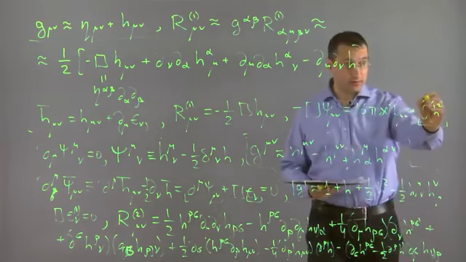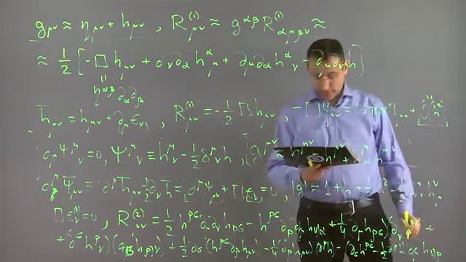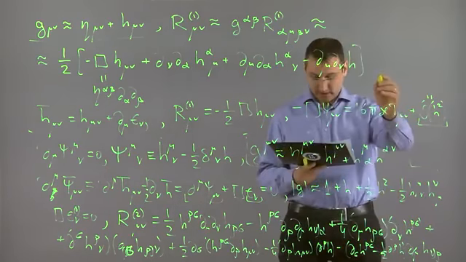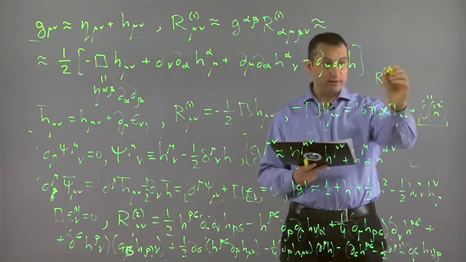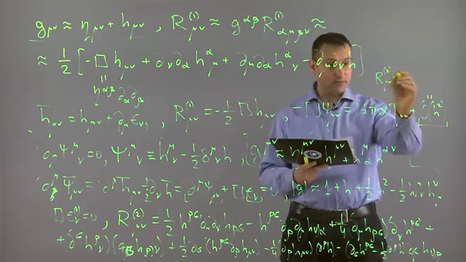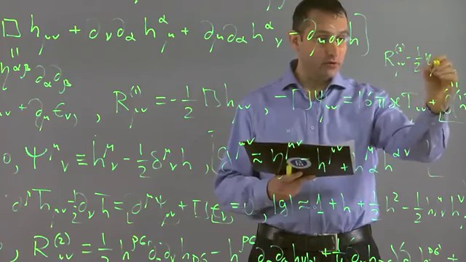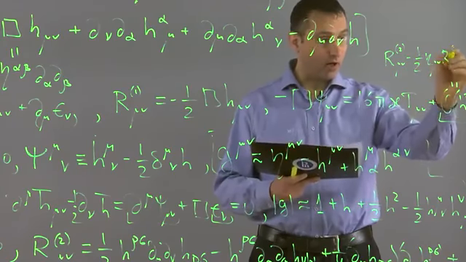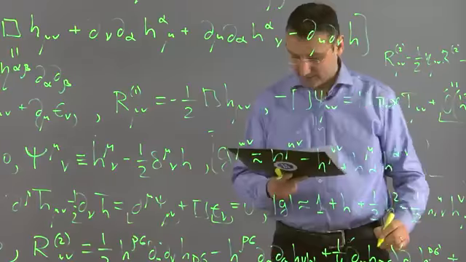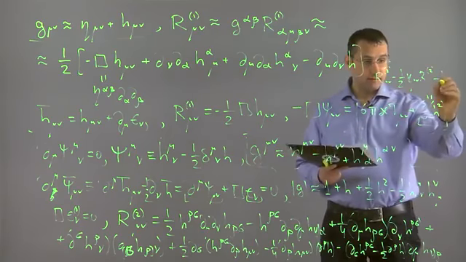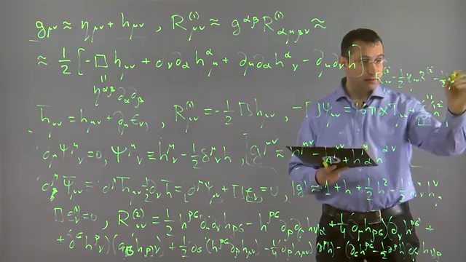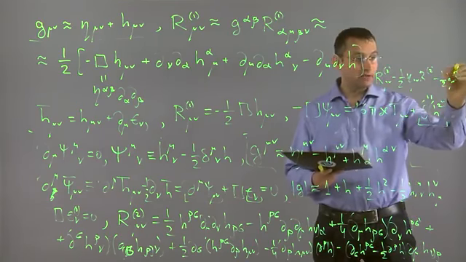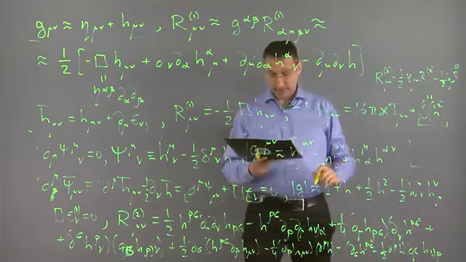To find these terms, one has to bear in mind that they are approximately the following: the Ricci tensor to the second order minus 1/2 eta_mu nu times R to the second order minus 1/2 h_mu nu times the Ricci scalar to the first order.